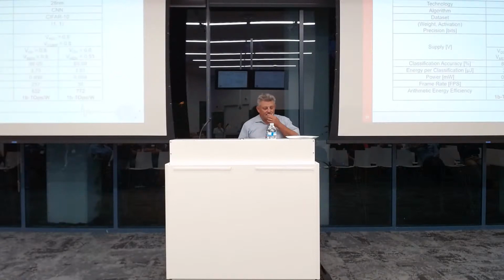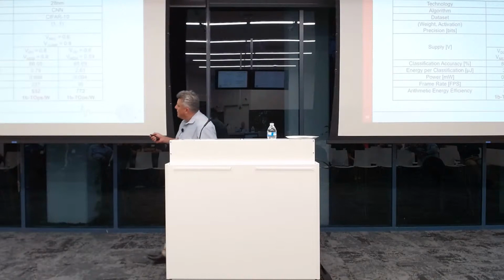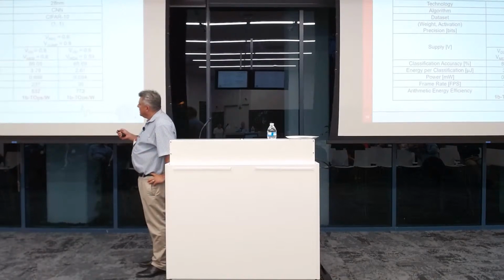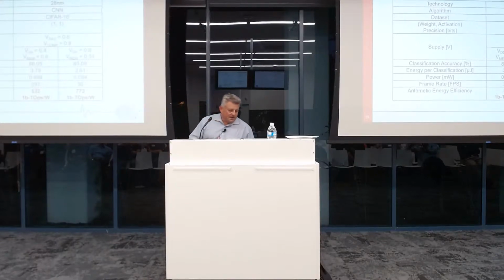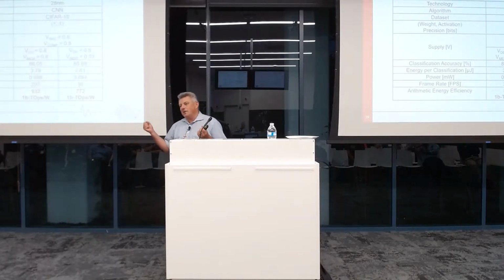And the end result is this. So let's look at that carefully. The energy per classification in this was 3.8 microjoules. At this frame rate, this is 0.899, so 0.9 milliwatts. So this classifies as tinyML. And if you do the numbers, and I like to put 1 bit here because otherwise it's a little misleading, this is 532 1-bit TOPS per watt. I put the 1 bit because it's a 1-bit multiply and add.